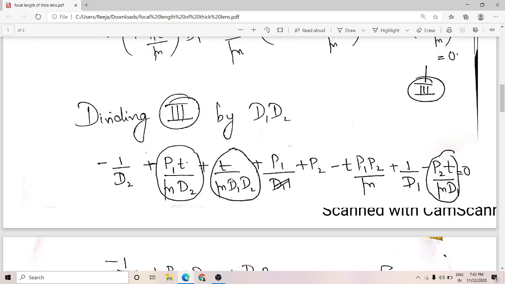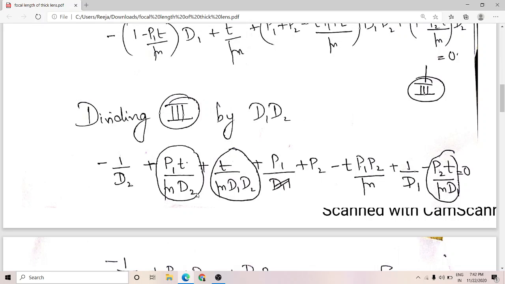Now d1 and d2 are much larger than t. So we neglect all the terms which have t in the numerator and d1 and d2 in the denominator, because d1 and d2 in the denominator make the value very low, and you are further multiplying it with a very small number.